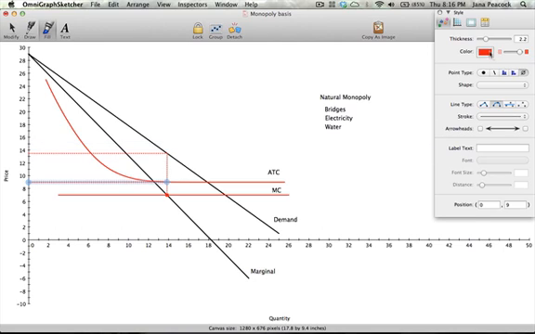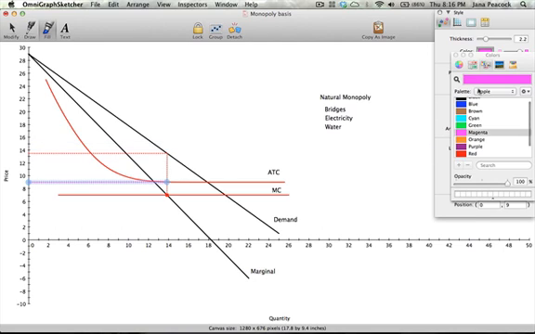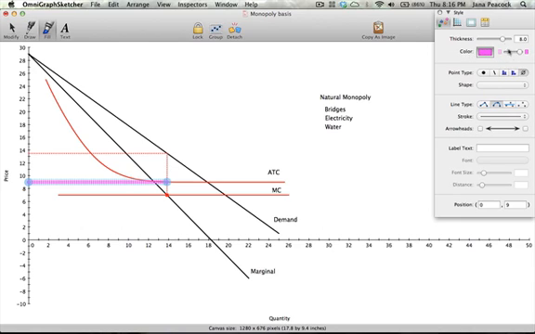And I will shade in our profit area right here. Notice I chose magenta. So profit, just like you make a profit on anything, you're going to look at the price you're charging, and then you're going to look at the cost for the product and multiply out your quantity times the spread between cost and charged price, and that is your profit.